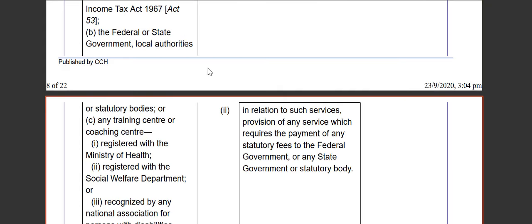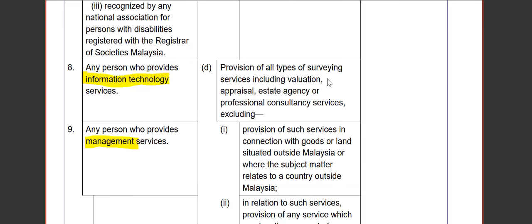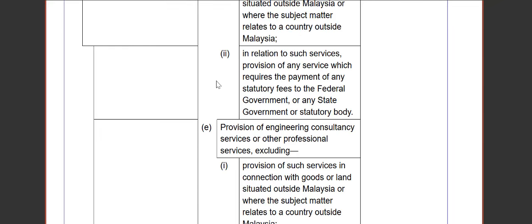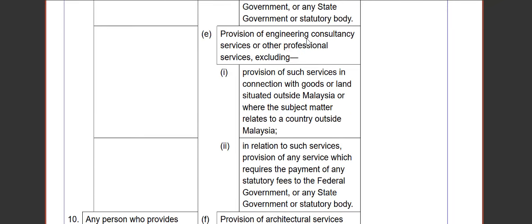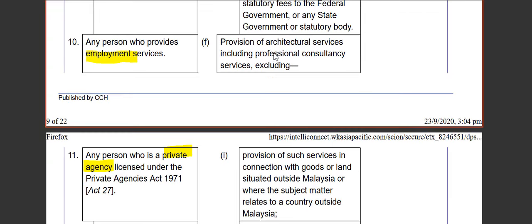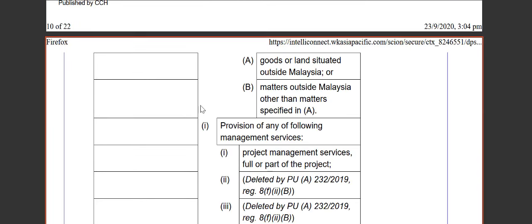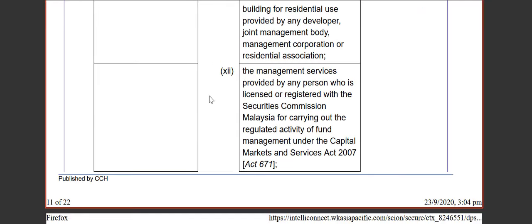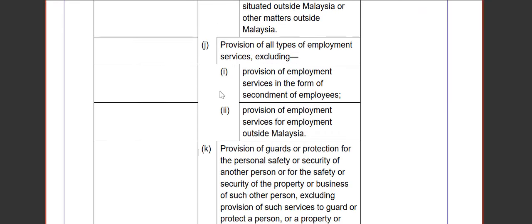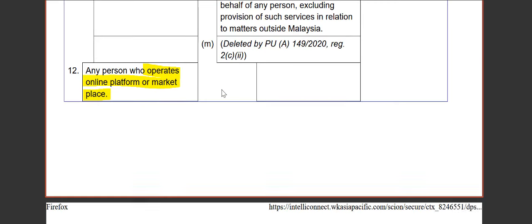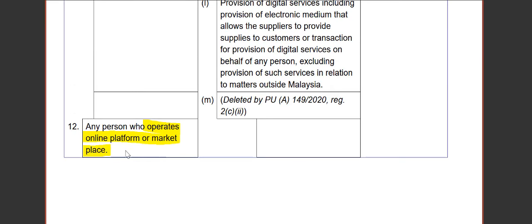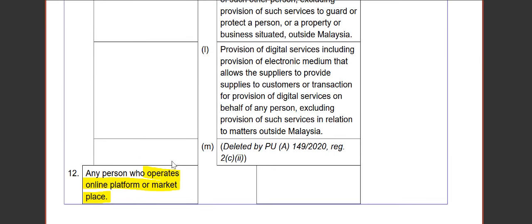Okay, now you notice they mentioned about surveying services, valuation, appraisal. Now engineering consultancy, architecture service. So they actually describe for you what kind of services, so you can know an idea what do you mean by a special category of taxable person. Like just now they mentioned online platform. What do you mean by online platform?